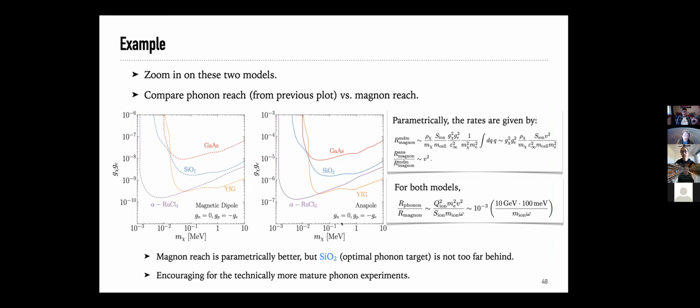Yeah, so the features usually come from the fact that different modes are contributing. For example, there's a feature over here, and this is at 1 MeV, which is basically where the momentum transfer becomes comparable to the inverse lattice spacing.